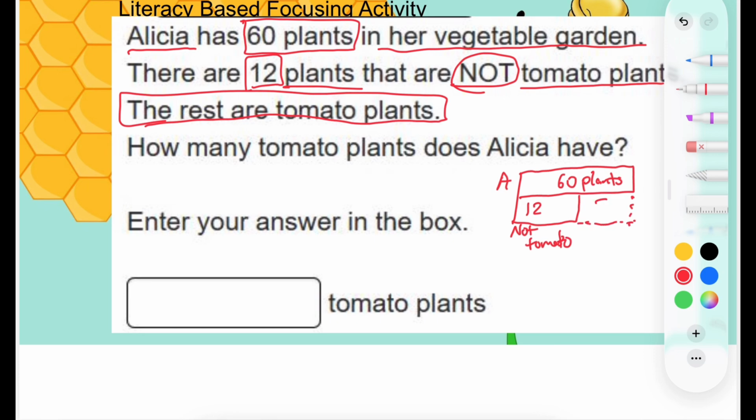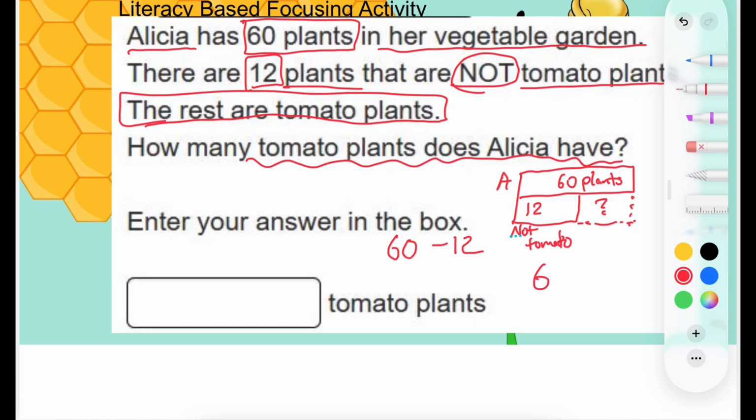So our question says, how many tomato plants does Alicia have? That question mark means how many tomato plants does Alicia have? So I cannot add. I'm missing a part. I have to subtract. My subtraction sentence is 60 minus 12.